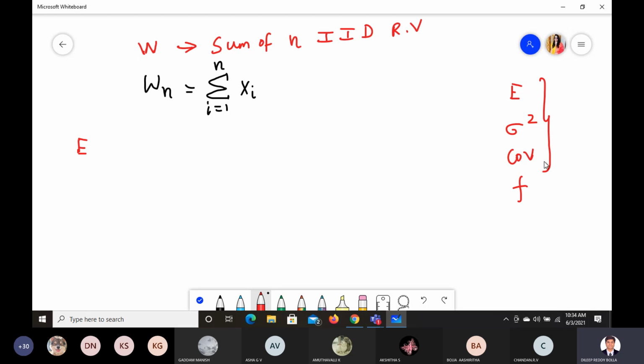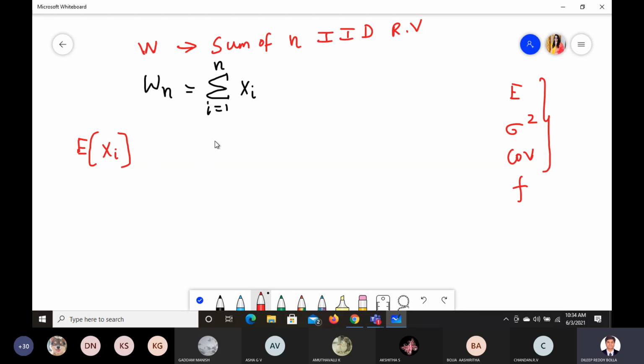All are similar, but the way we write initially is what you have to learn. Once you understand how we write initially, further it will go simple. So now we have to find the expectation of xi.